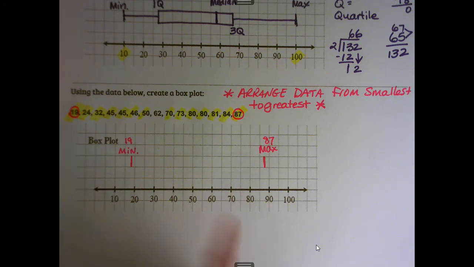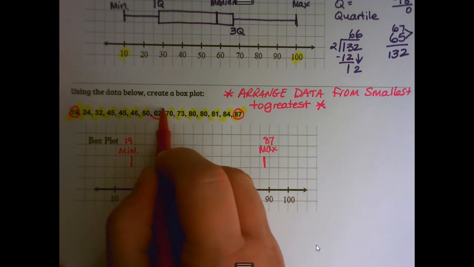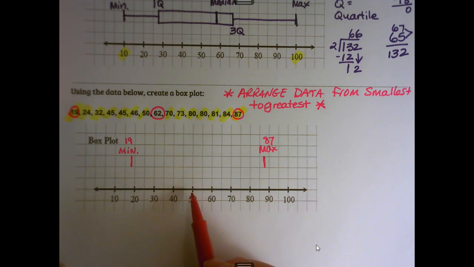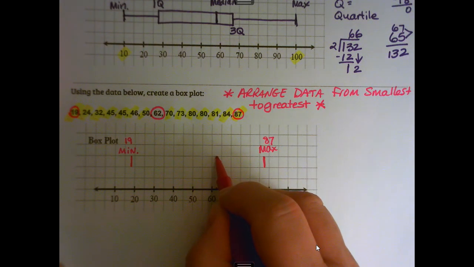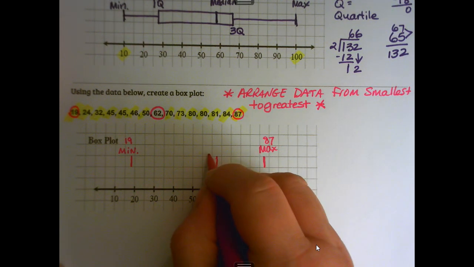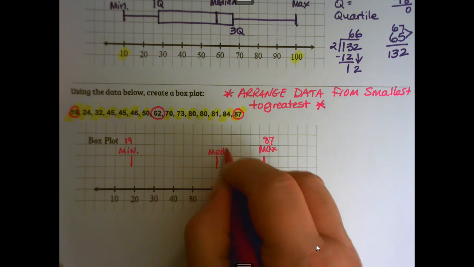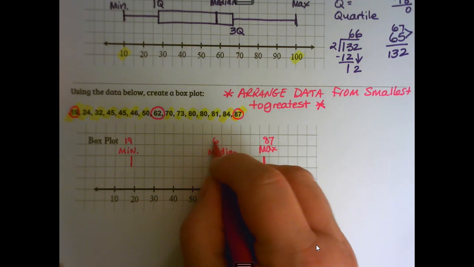And that's the only thing that's in the middle, so we're going to circle that. I'm going to go right down into the number line and estimate where I think 62 would be, which is about here. Going to go straight up, and I'm going to label median, and I'm going to write the number 62.